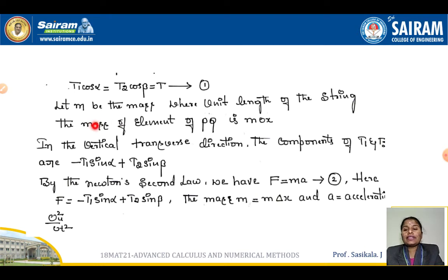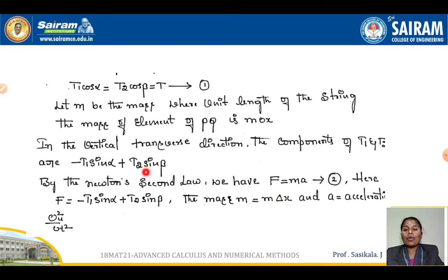Now let m be the mass per unit length of the string, so the mass of the element PQ is m delta x.